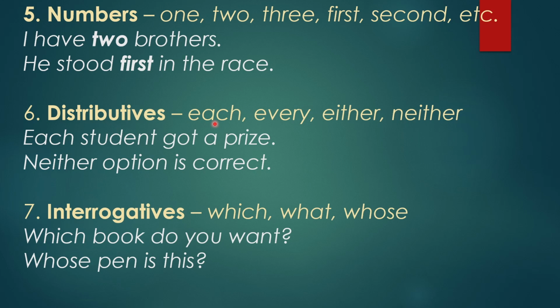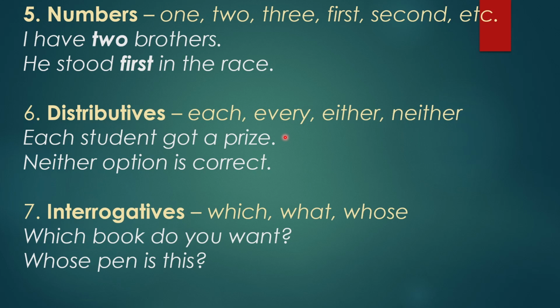And every is used to refer to all items in a group, means when we are using every, it emphasizes universality, universally referring to all together. Like if I say every student is required to attend the classes, right?